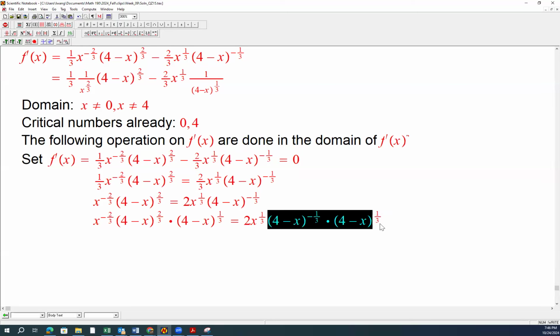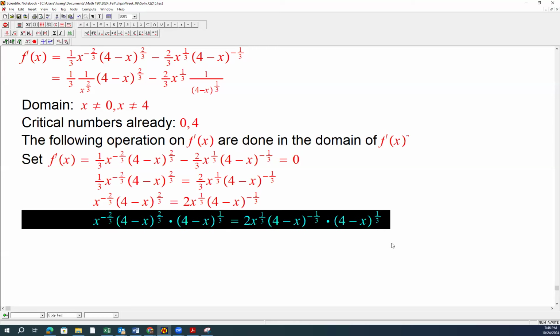This piece equals 4 minus x raised to the power of negative 1/3 plus 1/3. Okay, I'm just going to show you very briefly.